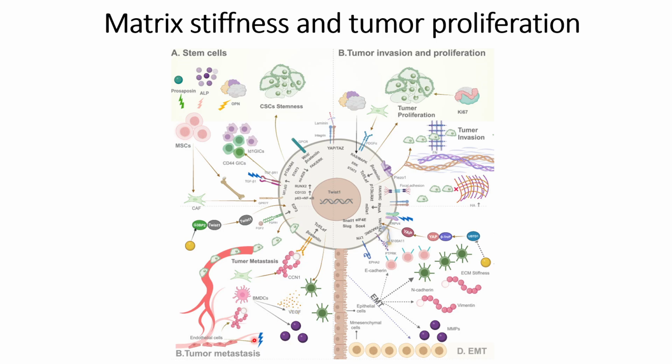And the next part is about tumor metastasis. So here one of the new things that I found out is that BMDC plays an important role in tumor colonization at distant organs. How they help in this tumor colonization at distant organs is through angiogenic factors or other growth factors.